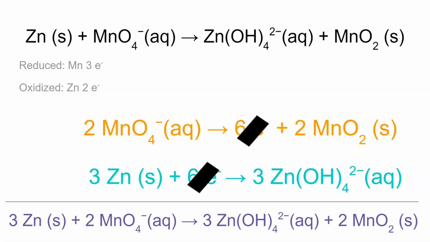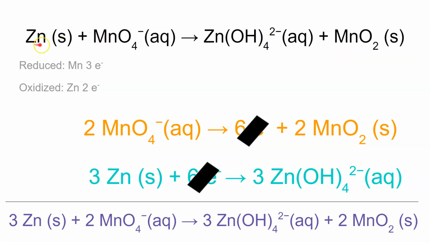So now, remember that we actually have not balanced our oxygens or our hydrogens. And one thing to note is that when we were first presented with this reaction, we should have made sure that the zincs and the manganese were balanced prior to continuing.